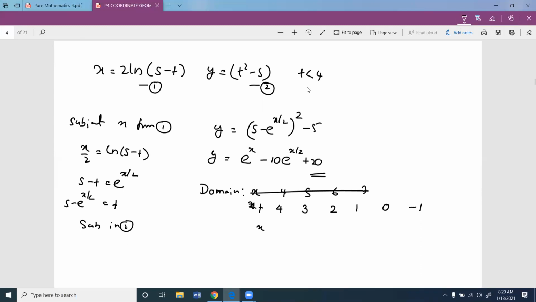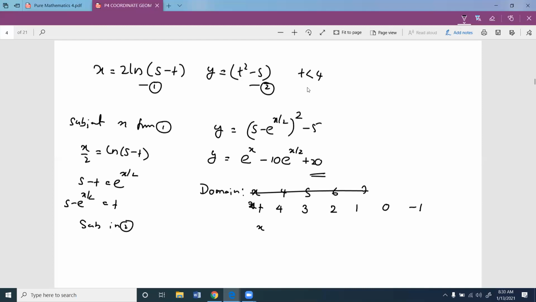We already learned how to do it: 2 ln(5 minus alpha x), starting from minus 1 and ending at 4, step 1.